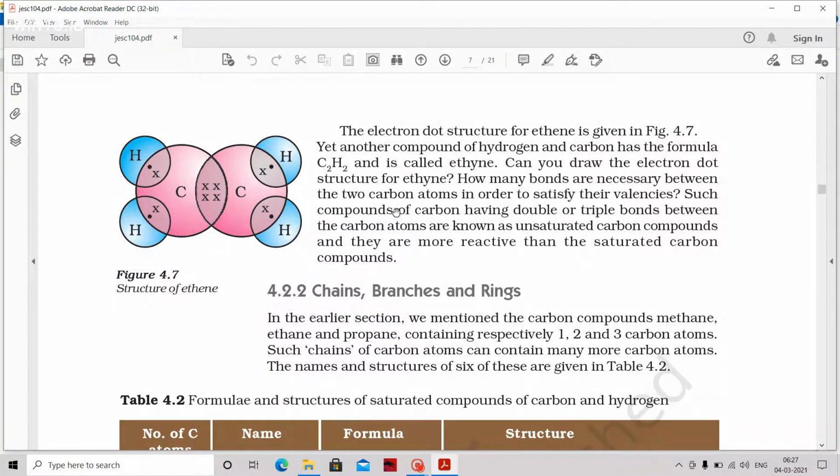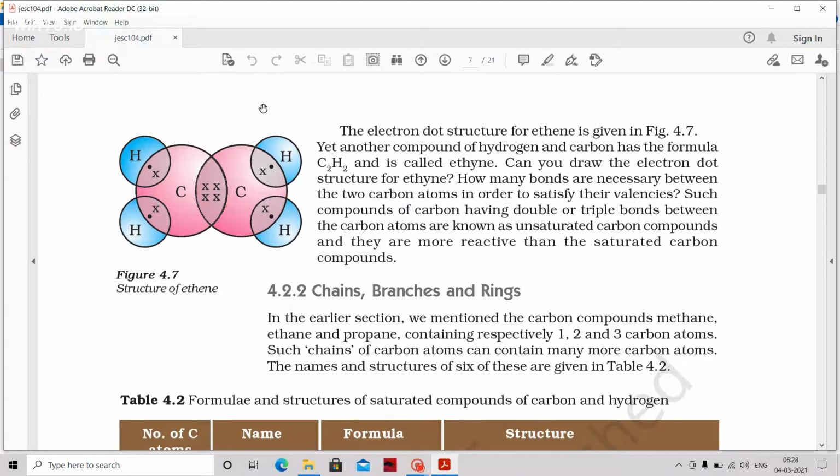And you can see that ethene or ethylene is the double bonded compound. Previously we saw the electron dot structure was given. You convert each bond into 2 electrons, and you circle properly such that the central carbon should have 8 electrons. You see this hydrogen, these 2 pairs, 1 pair, 2 pairs, and here 2 pairs. Total 4 pairs, 8 electrons. And this carbon also has 8 electrons. Then each hydrogen will have only 2 electrons.